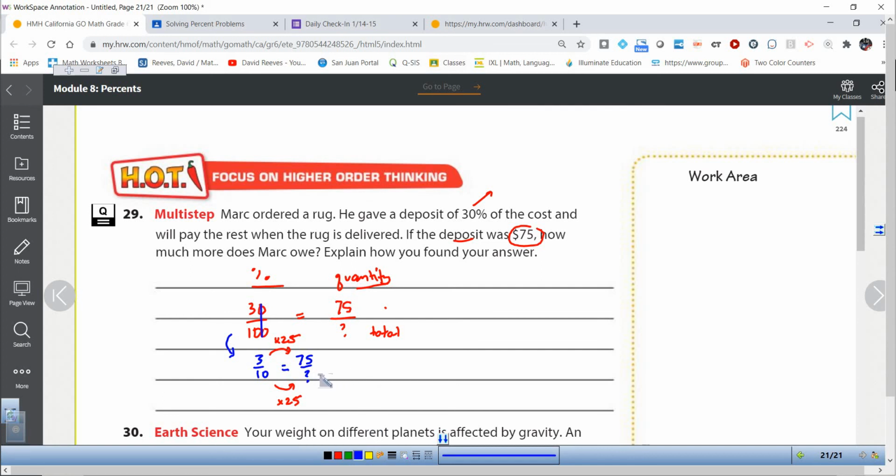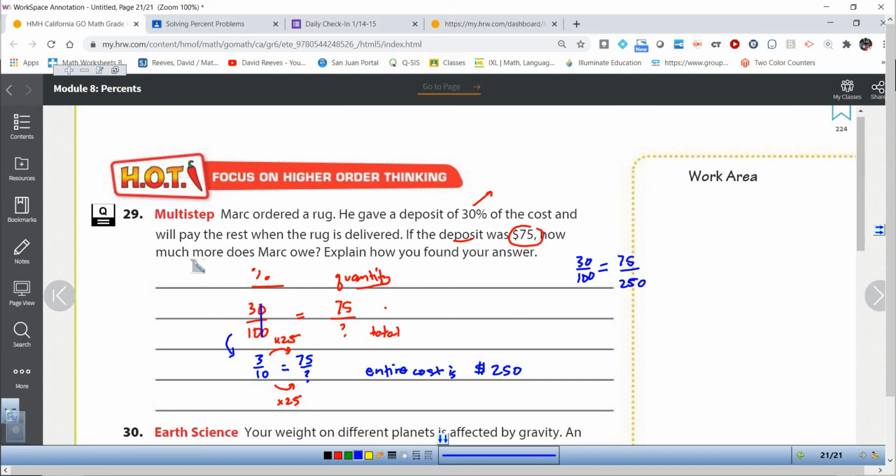That tells me that the entire amount he owes, or the entire cost, is 10 times 25, or $250. The entire cost. So 30 over 100 is the same as 75 over 250. But that's not the answer to the question, and this is why I wanted to do this problem.